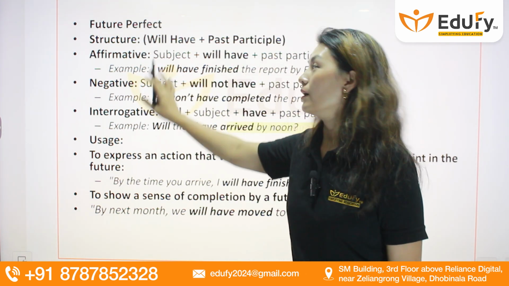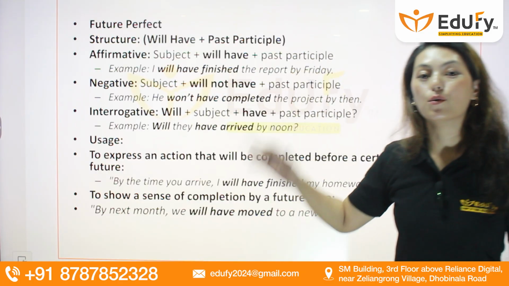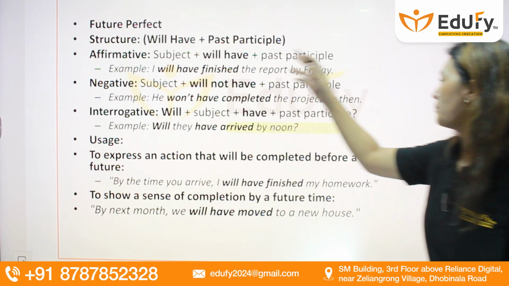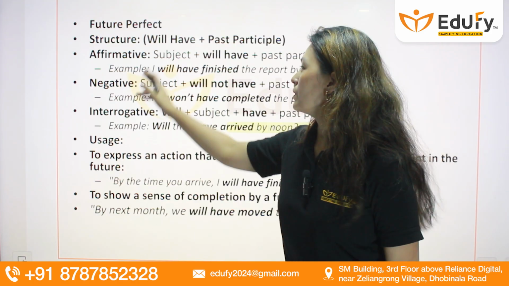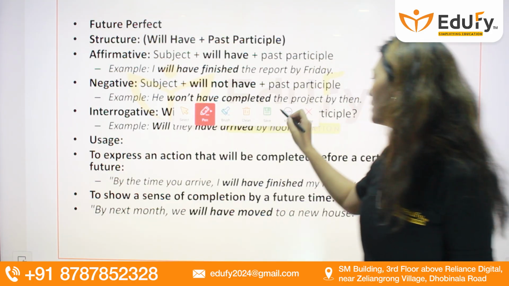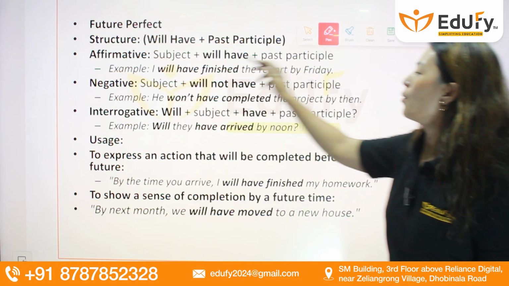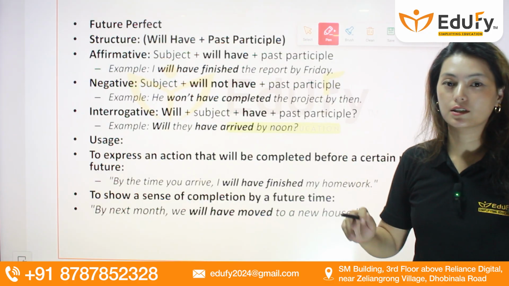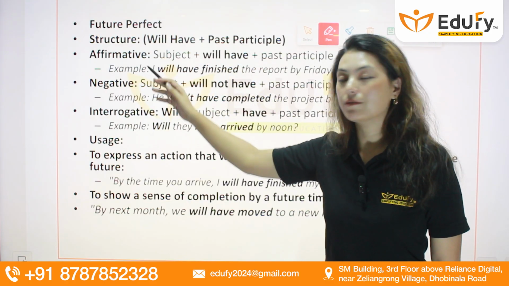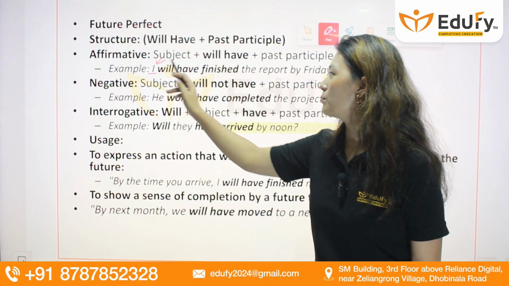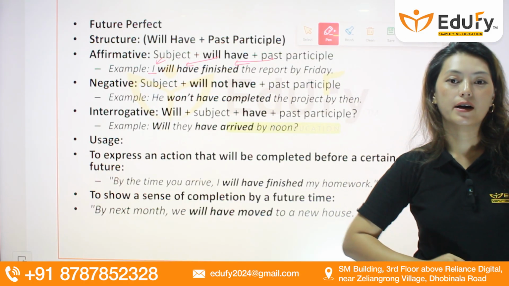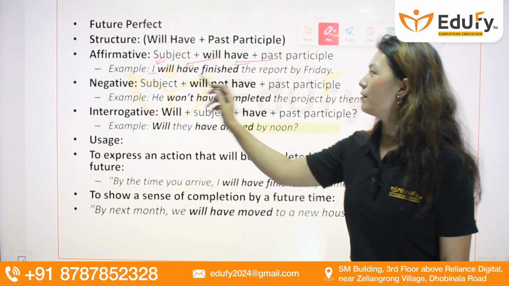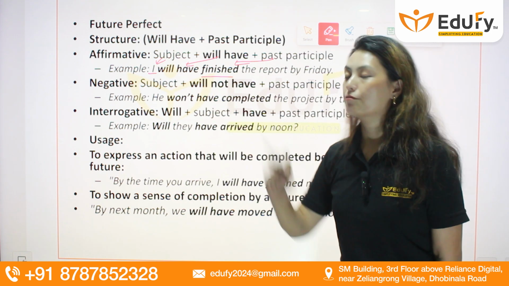So according to the structure, it will be will have plus past participle verb. So in this case, here we see as an affirmative sentence, subject plus will have plus past participle. The example of that very structure is I is the subject, will have finished the report by Friday. So will have along with past participle finished.